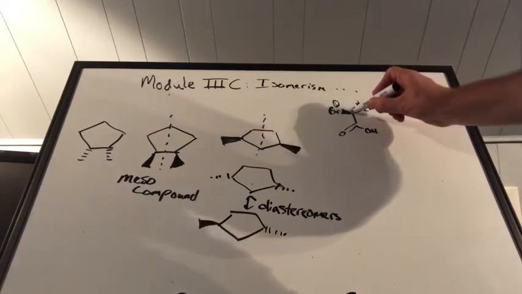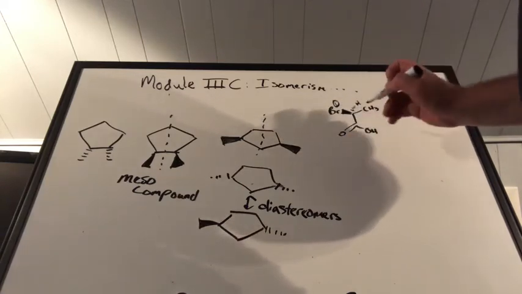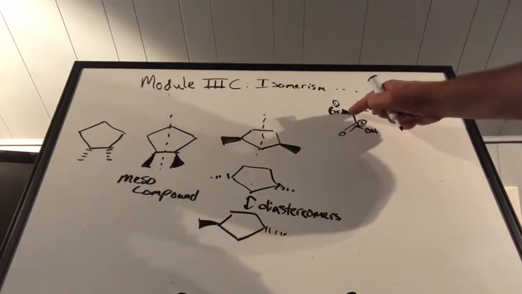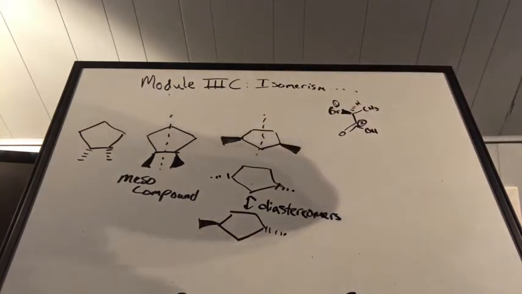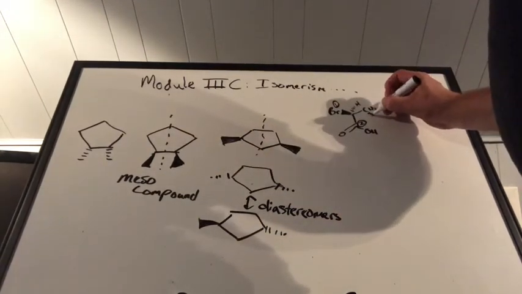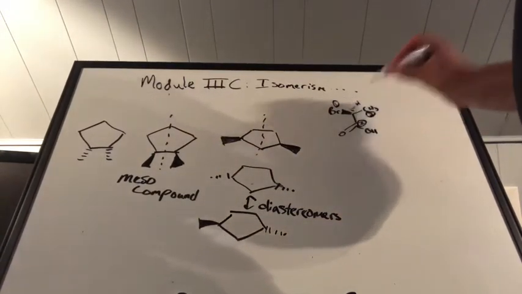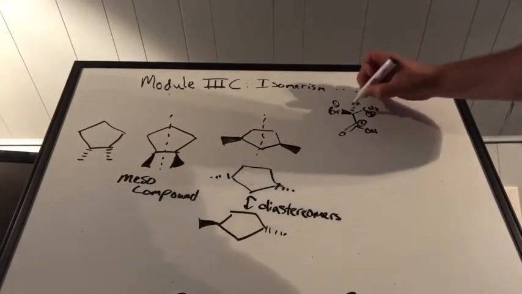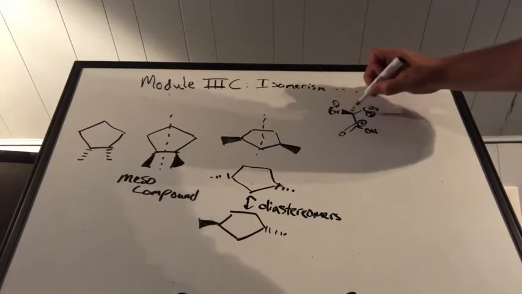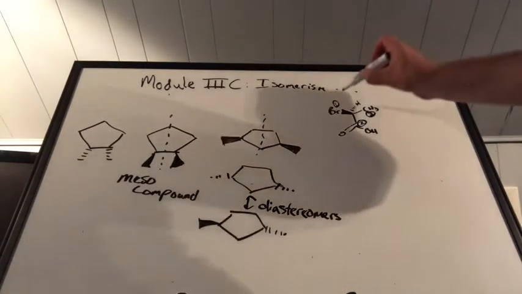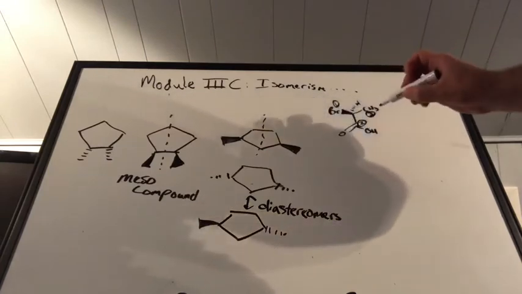But bromine's going to be first priority. This carboxylic acid. Remember, whatever is connected directly to this stereogenic carbon. Okay, and then third is going to be CH3 because that's going to be higher than hydrogen. So what you're going to be looking at is what's directly connected to that carbon center. Okay, so it should go 1, 2, 3.